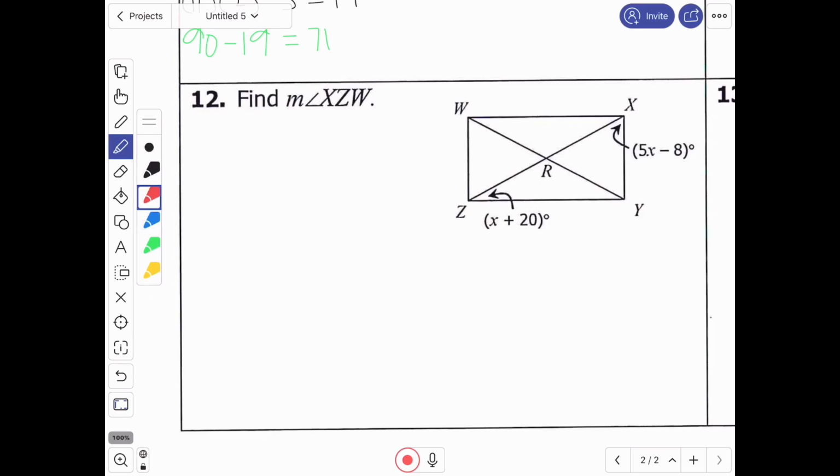Alright, so in this one I'm finding the measure of angle XZW. So XZW, that would be this red angle down here. I do know that red angle would be congruent to this one because of alternate interior angles. But then if I look at this other angle they give me, that green one, those are not going to be equal angles.